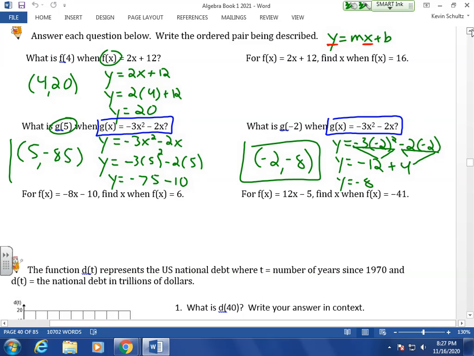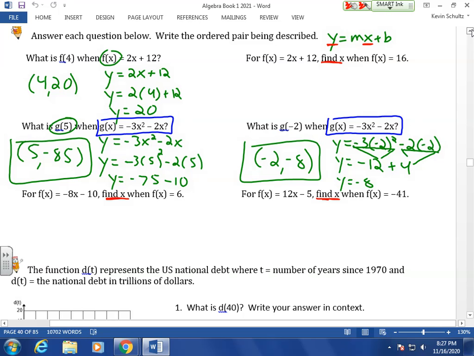Right? Same equation, but just asking what's g of 5, what's g of negative 2, different ways to say what's the value of the function when x is this. The other type of function notation that you'll see literally has that phrase, find x, in it. Okay?